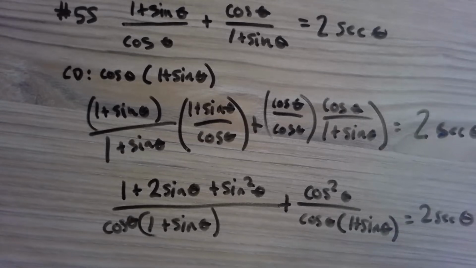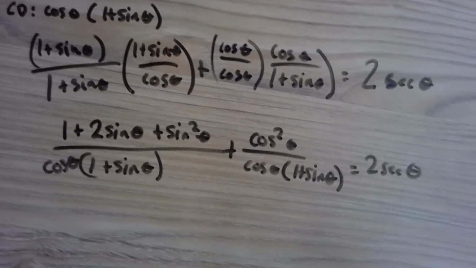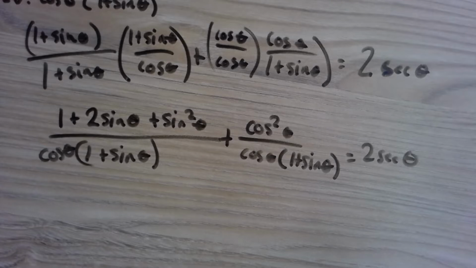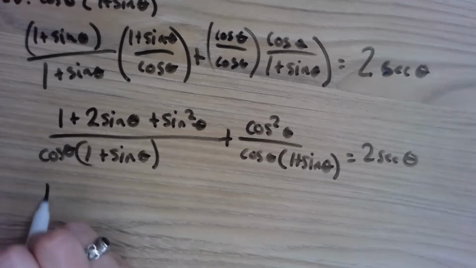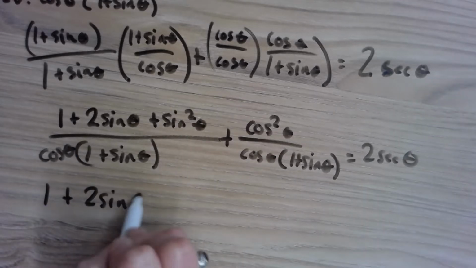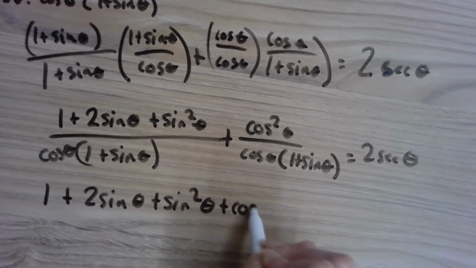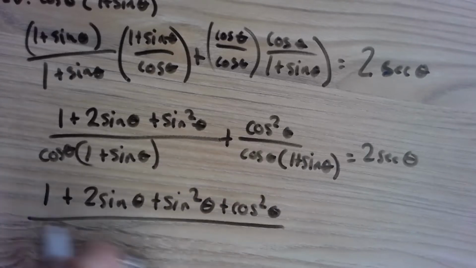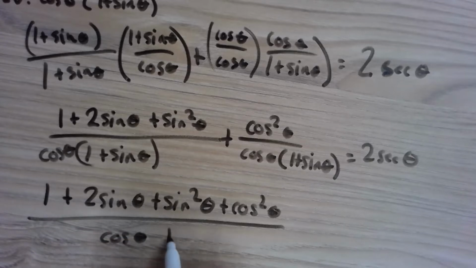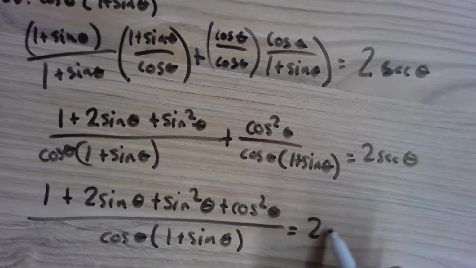As I said, this one's kind of intense, but we could do it. So, putting this together, I get 1 plus 2 sine theta plus sine squared theta plus cosine squared theta all over cosine theta times (1 plus sine theta) equals 2 secant theta.